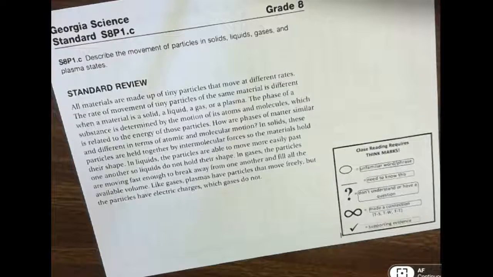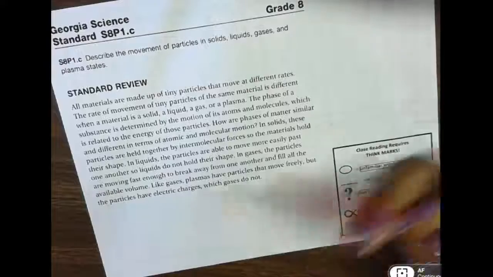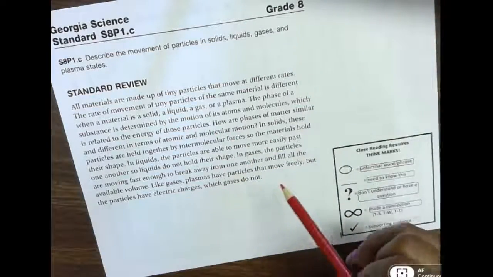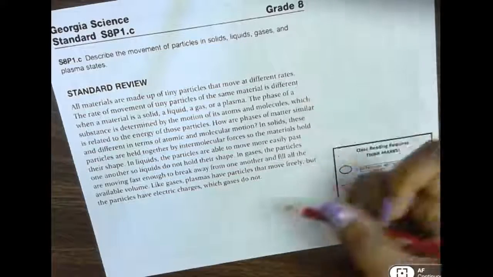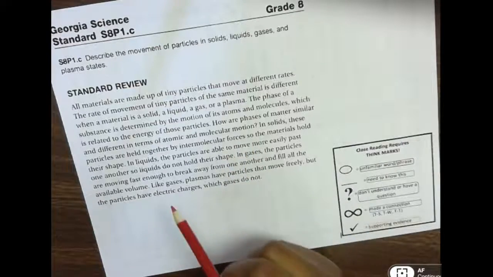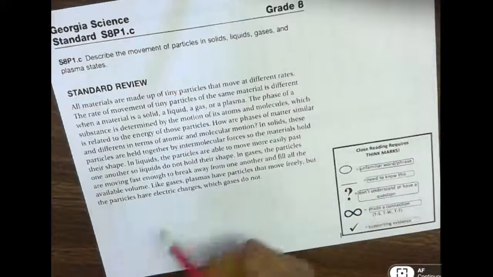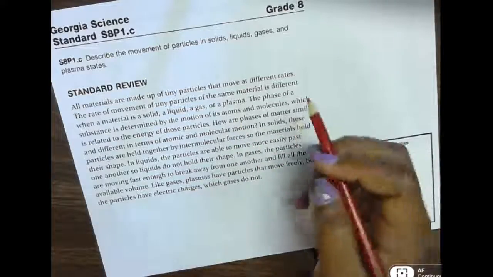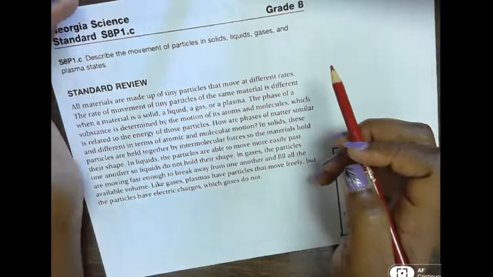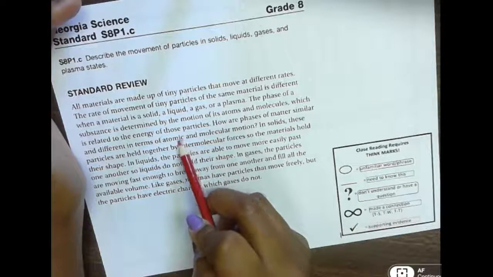So I'm just going to quickly show you how we would use the think marks while we do a close read. After I've read the article without doing anything to it, I would go back into the reading and reread again. And this time as I'm reading, I would be looking for words or phrases that were unfamiliar. So just a couple of words that probably would have stood out in my first reading would have been intermolecular.